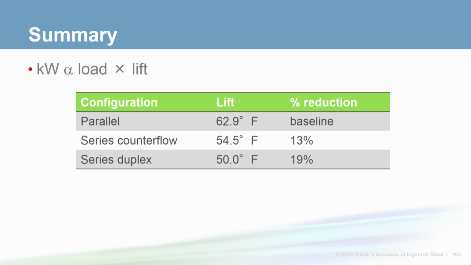Installing the chillers in a series counterflow arrangement creates the thermal staging and reduces the lift down to 54.5 degrees, resulting in that 13% reduction, and hence 13% less energy usage. And for larger systems, installing duplex chillers in series creates 4 levels of thermal staging, and lift is reduced down to 50 degrees, which is a 19% reduction in lift and energy simply due to how the chillers are piped in the system.